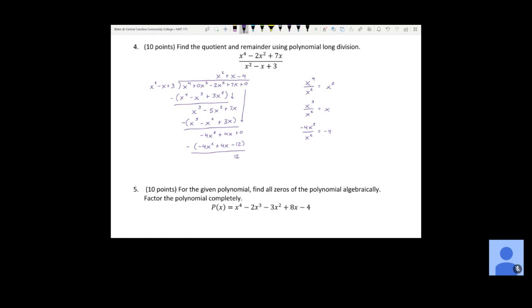And so now, again, if I just want to know the quotient and the remainder, our quotient is everything up top. So that's going to be x squared plus x minus 4. And what's our remainder this time? That's going to be the 12. So this right here is our answer.